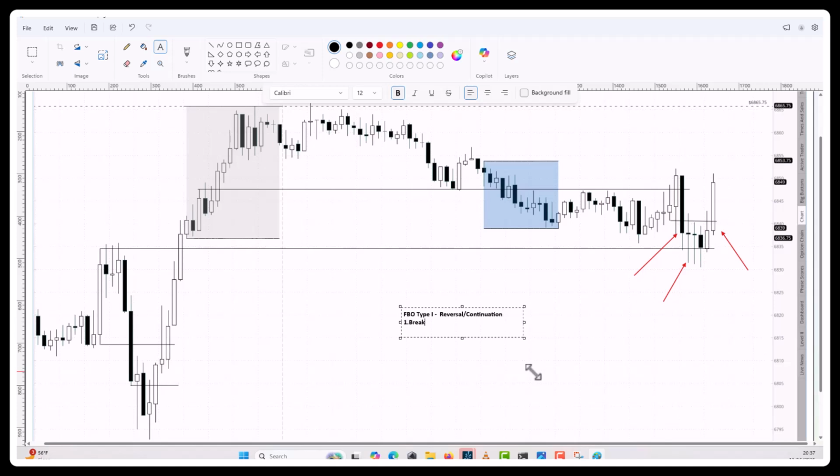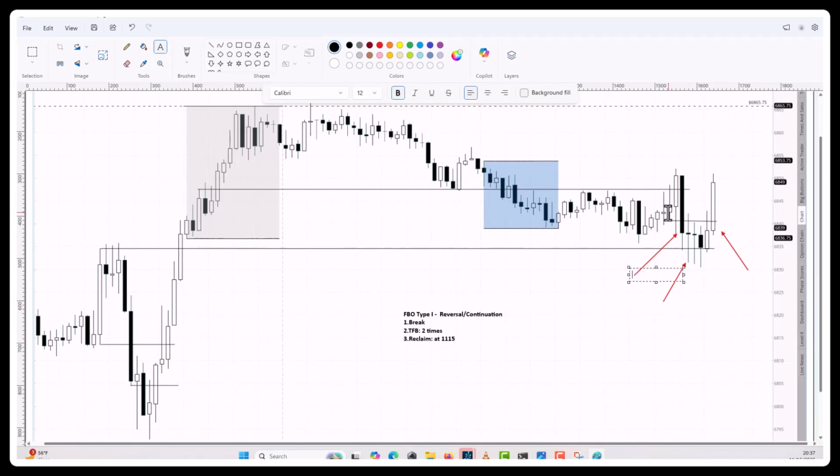And basically you have a break, and then you have a test from below, in this case 2 times, twice, and then you have a reclaim very fast. That's the idea, and it happened at 11:15.